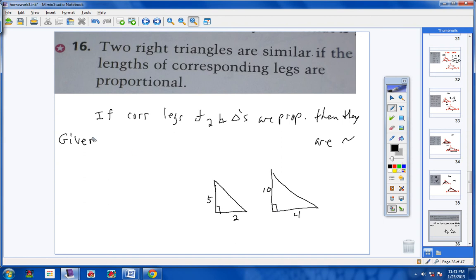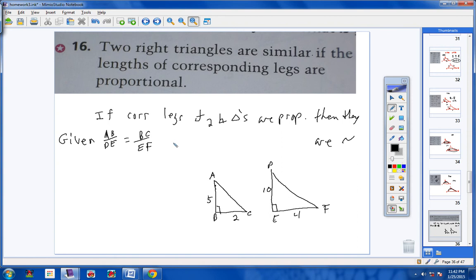Now, you were given that AB over DE equals BC over EF. That's what you're given.